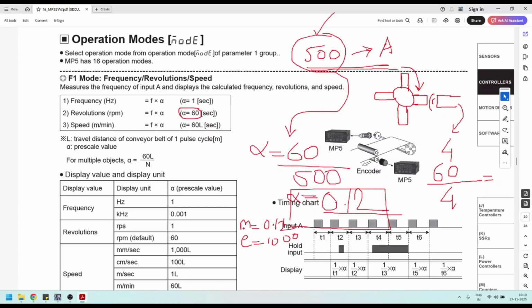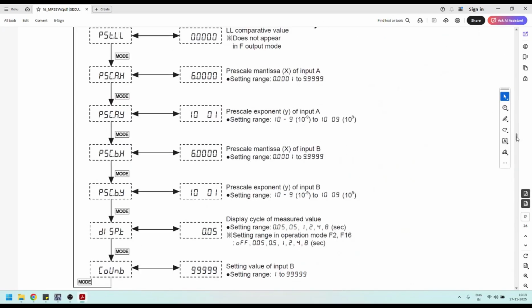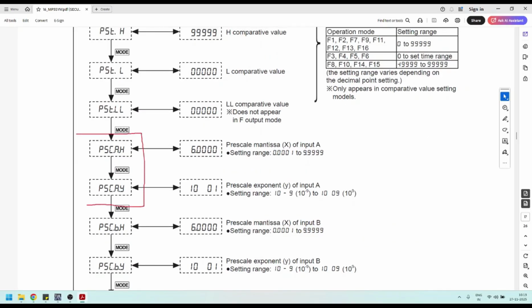Okay, so I'm going to enter in Mantissa 0.12 and in exponent 10 raised to 0. If you have missed what I'm talking about, Mantissa and exponent, these are the things. So I'm going to enter in A the Mantissa as 0.12 and exponent as 10 raised to 0.